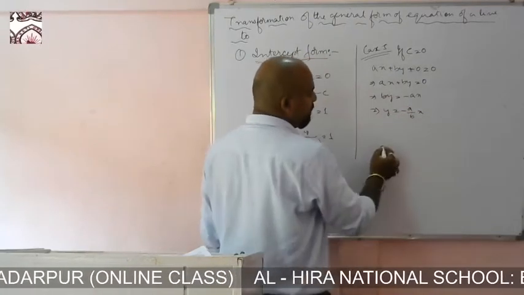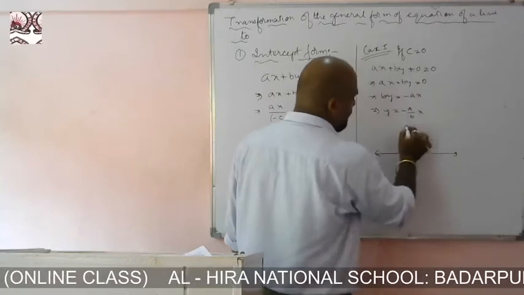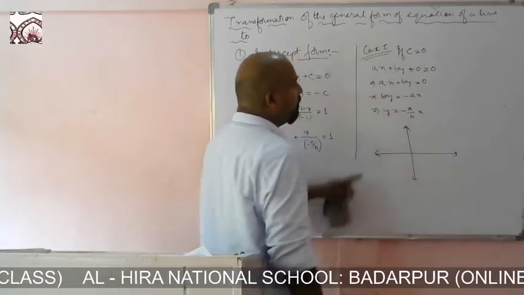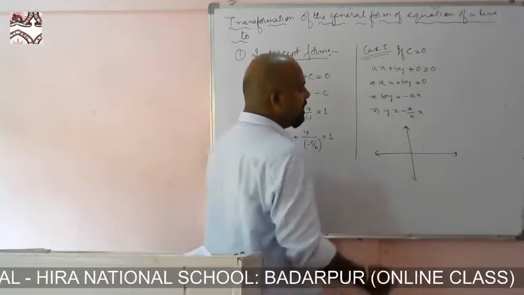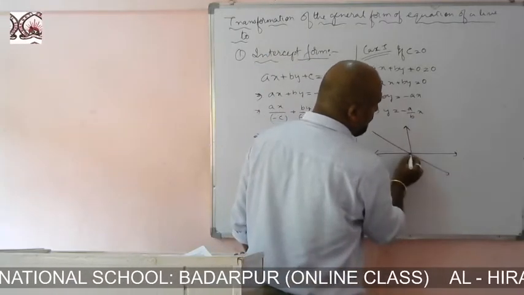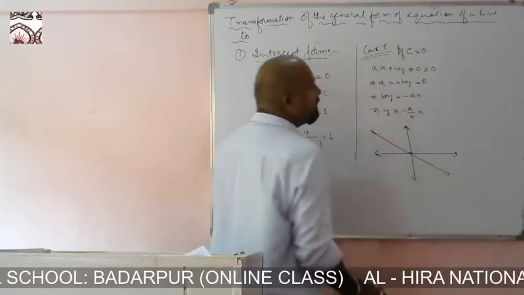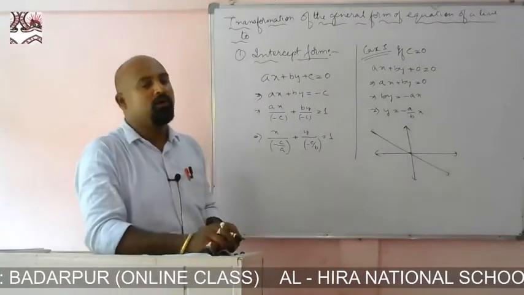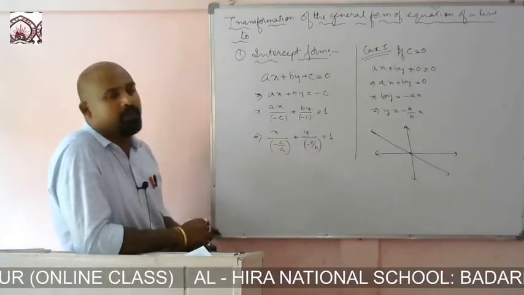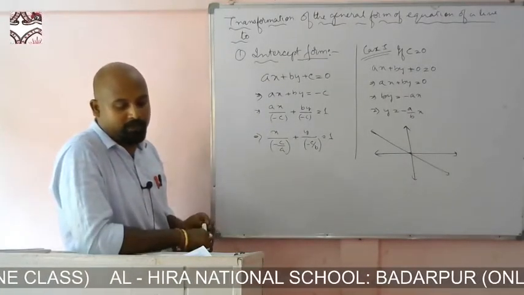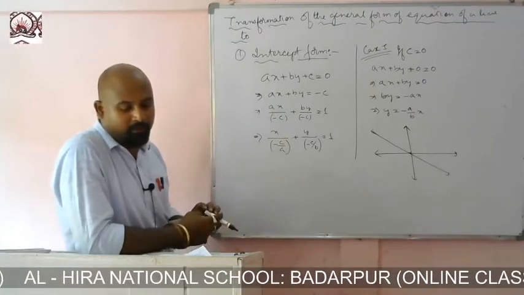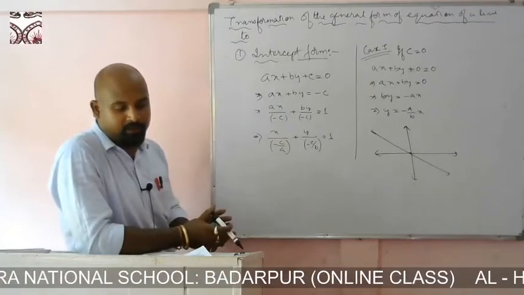Now what is the meaning of this line? This line will pass through the origin. So when c is equal to 0, we cannot convert it into intercept form.